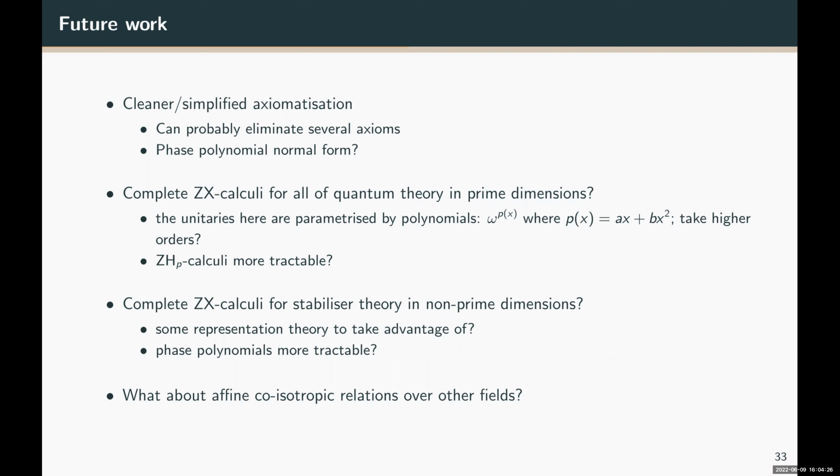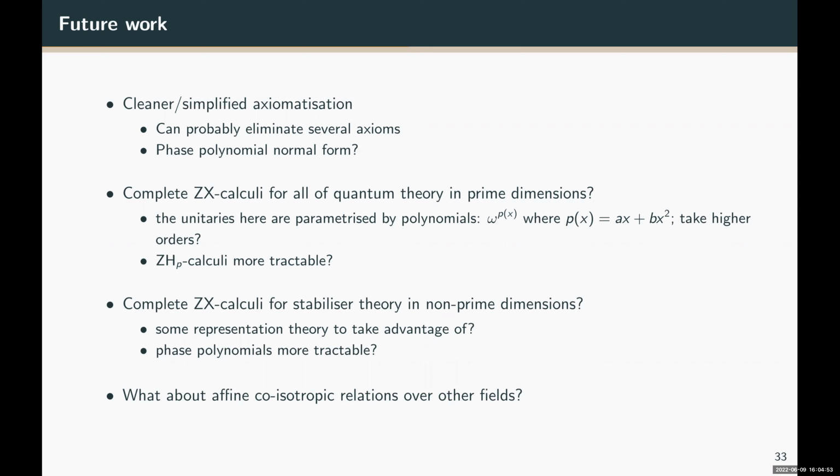The obvious thing to do is to try and take higher order polynomials, but it's not clear that these will relate to each other in a particularly nice way, although it is known that for dimensions strictly greater than 3, these are universal already, or approximately universal, by the work of Mark Howard.